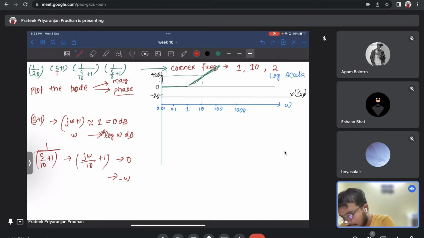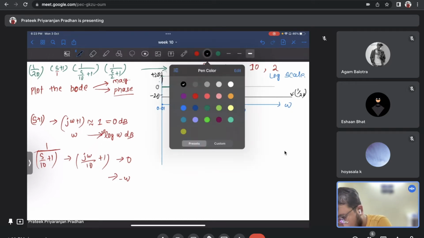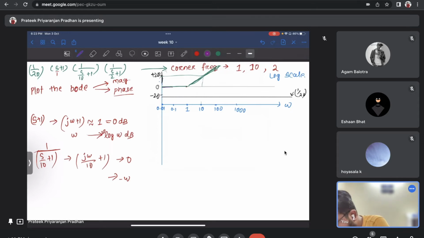So the plot, I will choose some other color, will stay at 0 dB up to 10, then from there it will go with negative 20 dB per decade.